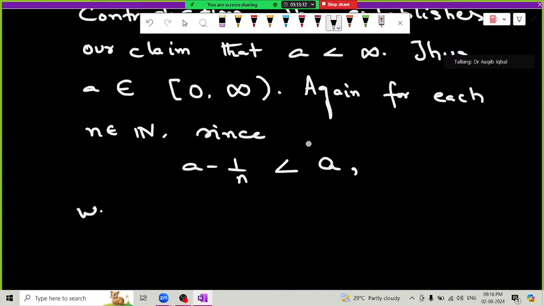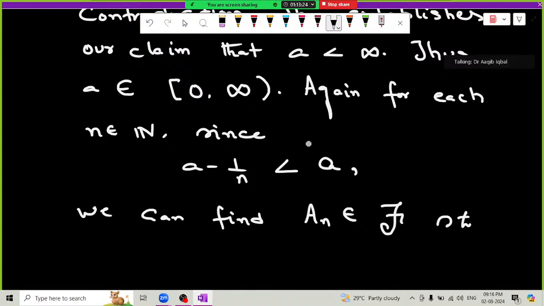We can find an in fancy f such that mu of an will be greater than a minus 1 by n.